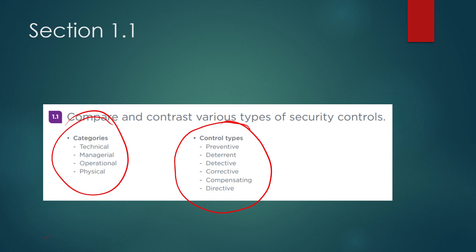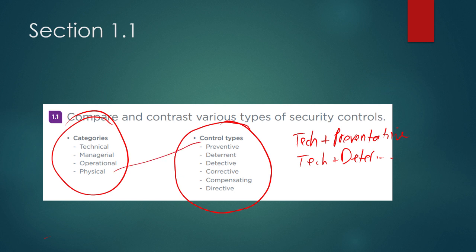So you can have a control that's technical and preventative, for example, or a control that's technical and detective, etc. We can have a number of different control types.